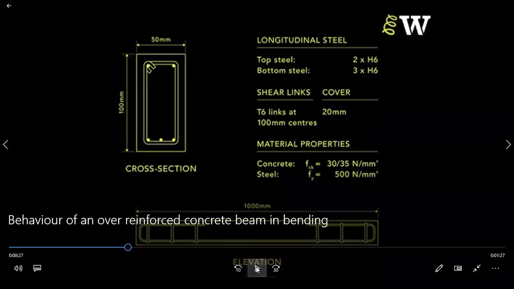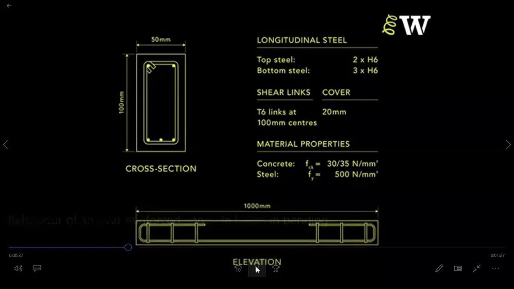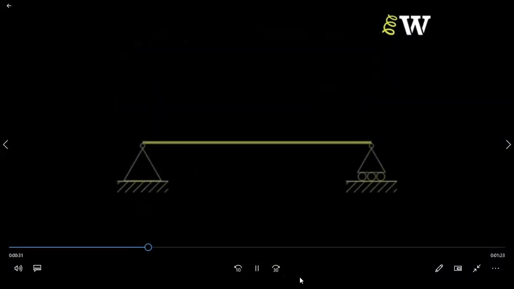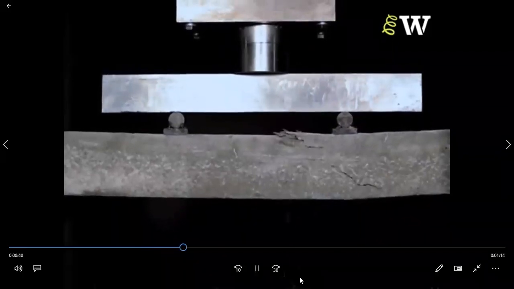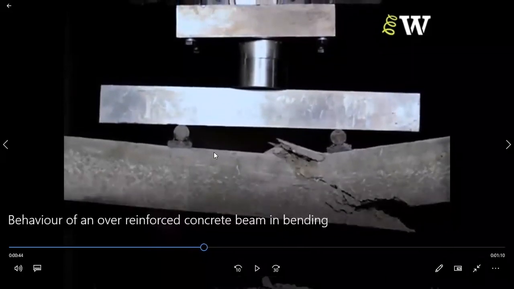In an over-reinforced beam, when it is subjected to load, what happens? Which failed first, concrete or steel?